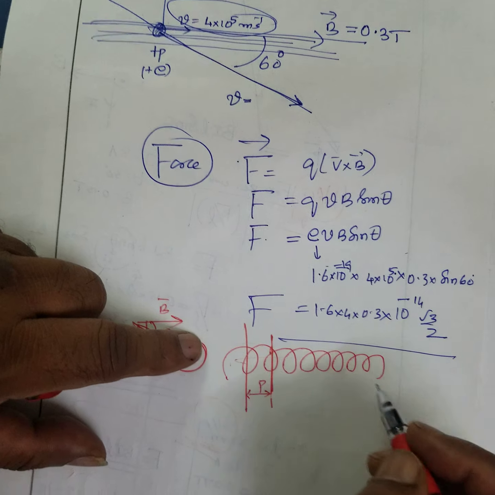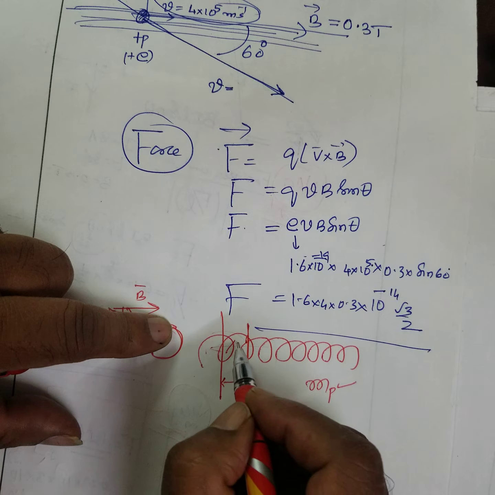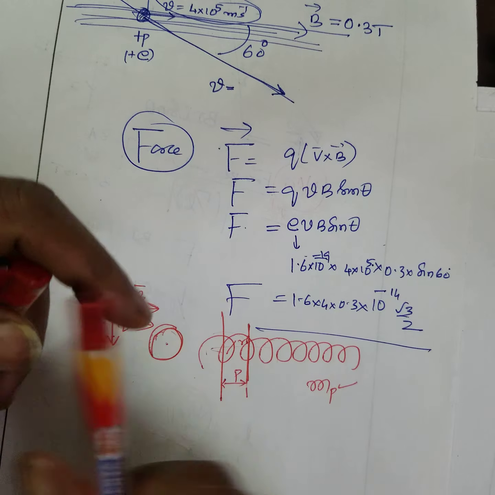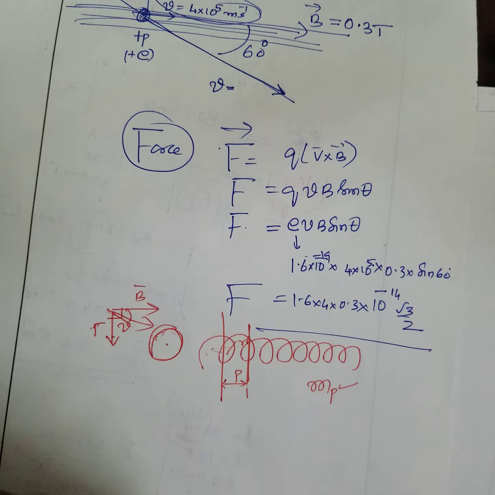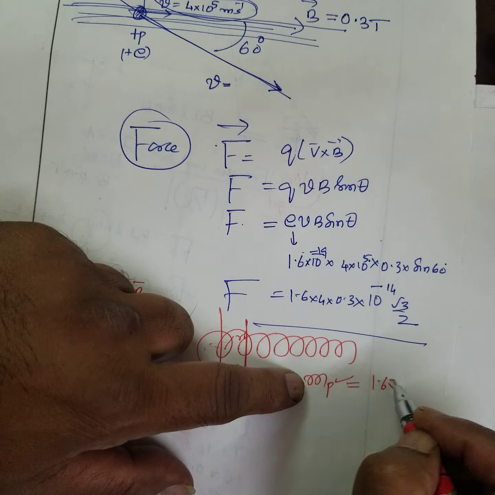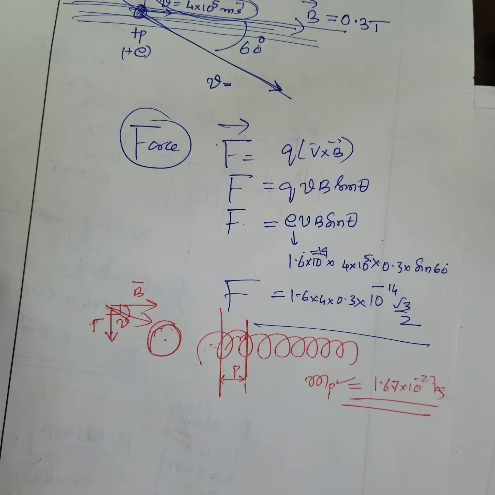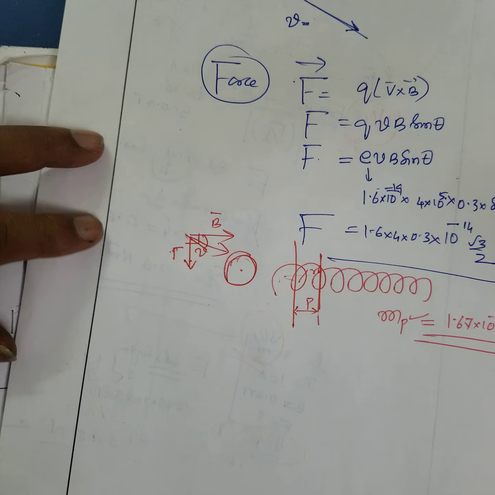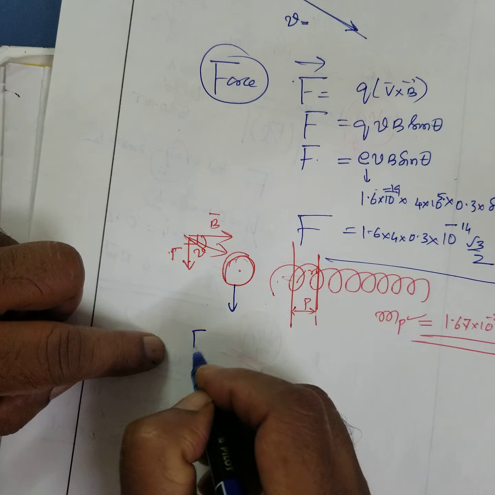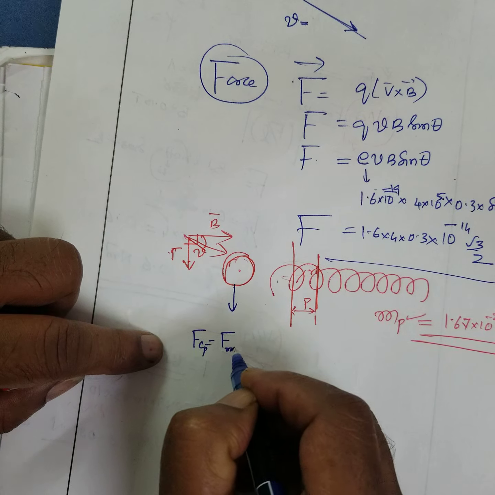Suppose the mass of the proton is given. Now you can calculate the radius of the helix if you want. Okay? Mass of the proton comes around 1.67 into 10 to the power of minus 27 kg. If you know the mass of the proton, for a circle, centripetal force is equal to force due to the magnetic field.